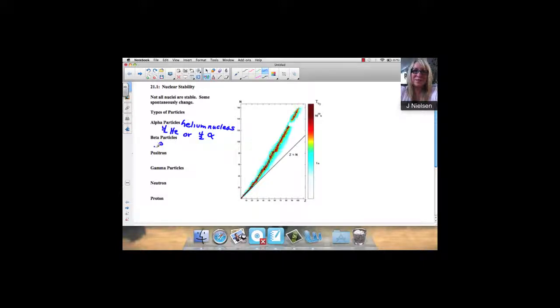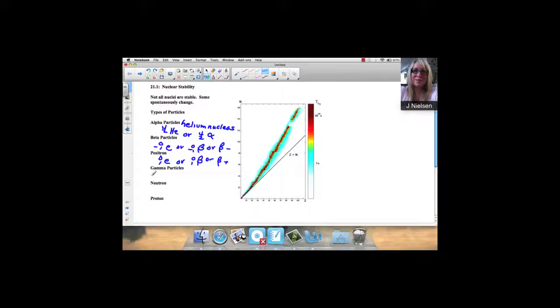It can be written as an electron symbol, or it can be written as 0, -1, B for beta. A positron is a positive electron, so 0, 1e or 0, 1b plus. This is also written as B minus or B plus. They all mean the same thing.